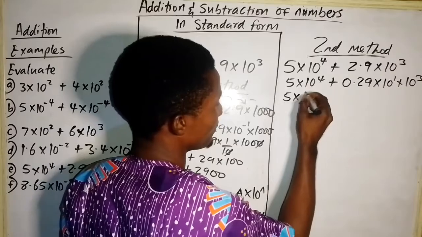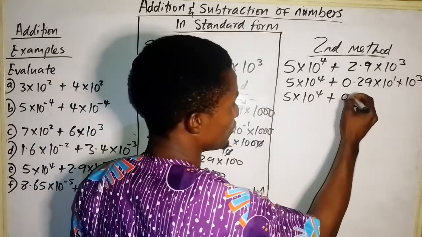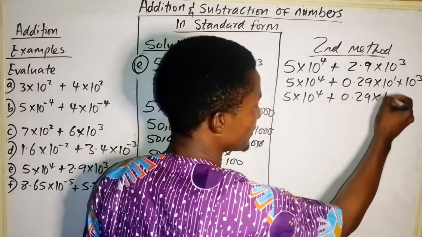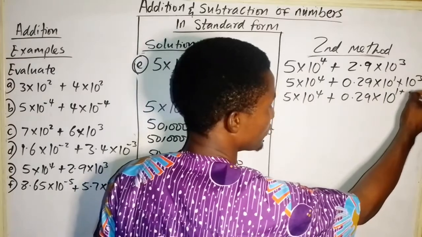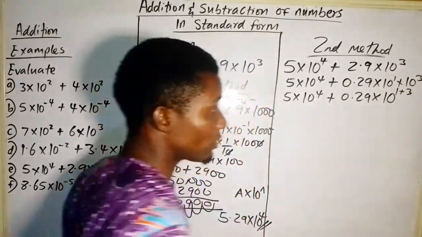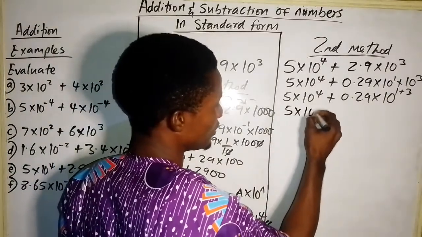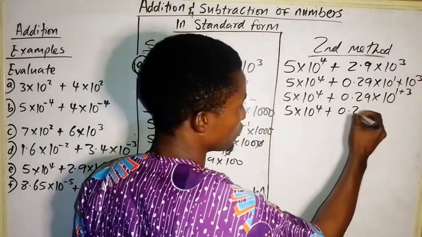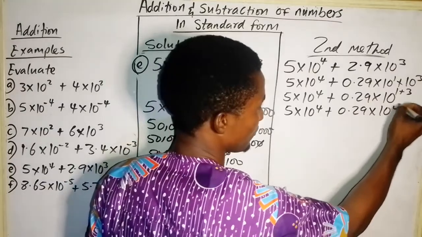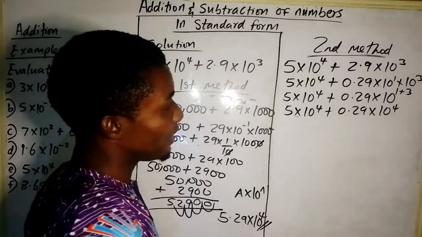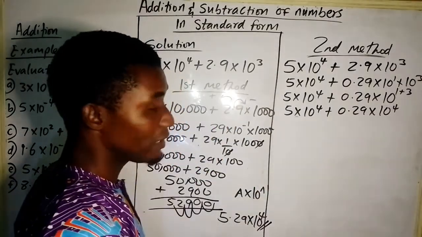We have 5 times 10 raised to the power 4 plus 0.29 times 10 raised to the power 1 plus 3. We have applied our multiplication rule. So we're having 5 times 10 raised to the power 4 plus 0.29 times 10 raised to the power 4. Now you can see that they're having the same base with the same exponent.